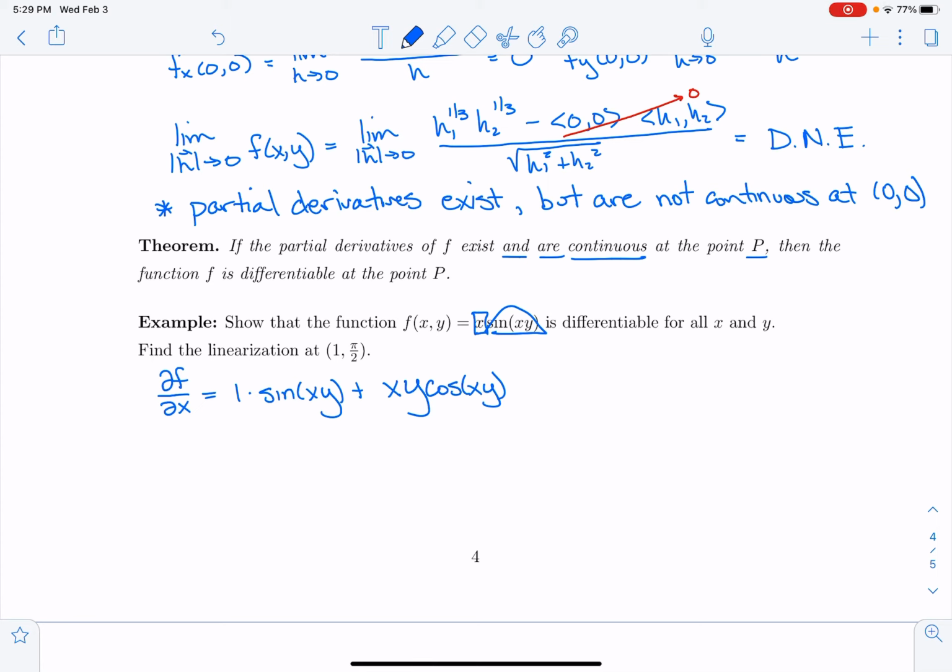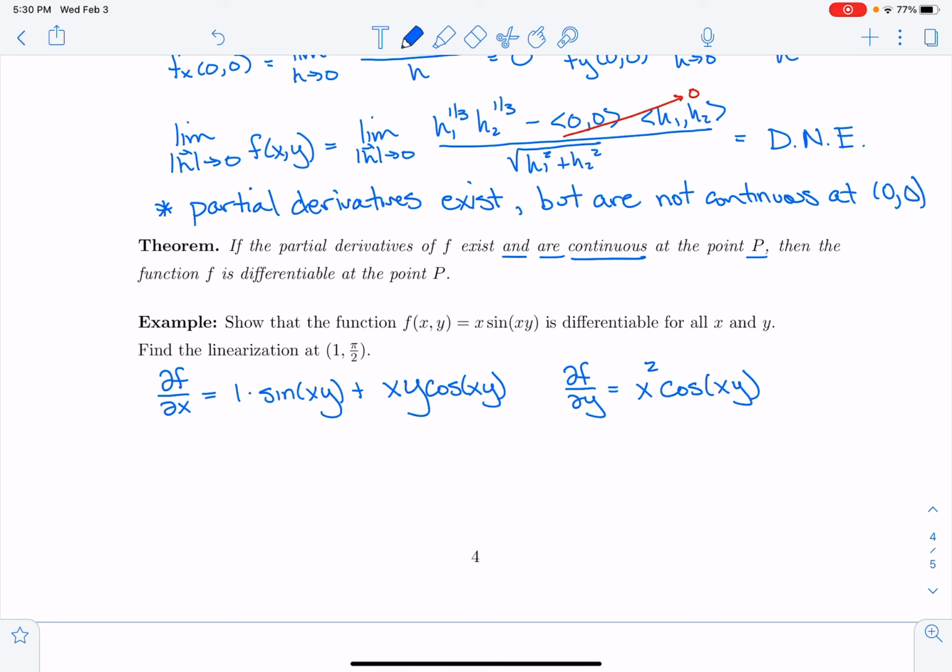So that's the derivative of f with respect to x. And then the derivative of f with respect to y is a little bit easier. It's going to be x times the derivative of sine, which is cosine of xy, and then the derivative of xy with respect to y is just x, so I'll have an x squared there.